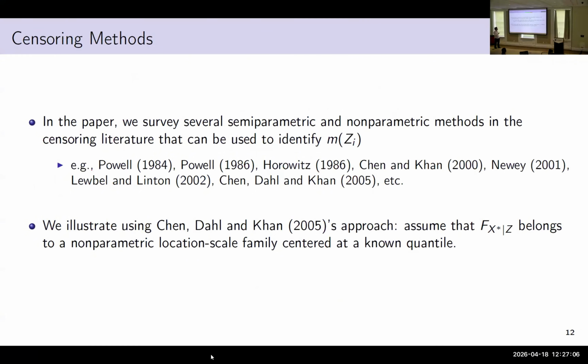There's a long literature initiated by Powell modeling M as a linear function of Z. A lot of possible estimation strategies there, and semi-parametric ones, like partially linear modeling for M. What I'm going to show you, and I'm going to zoom in, is this Shen, Dao, and Kun paper from 2005, where we'll let M be non-parametric, and we will only make non-parametric assumptions on the conditional distribution of X star on Z. In particular, we'll have a non-parametric location scale assumption that I'll detail better.